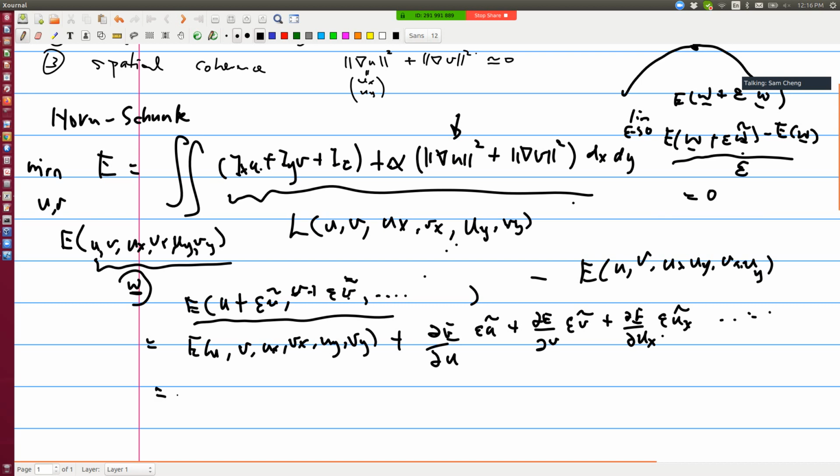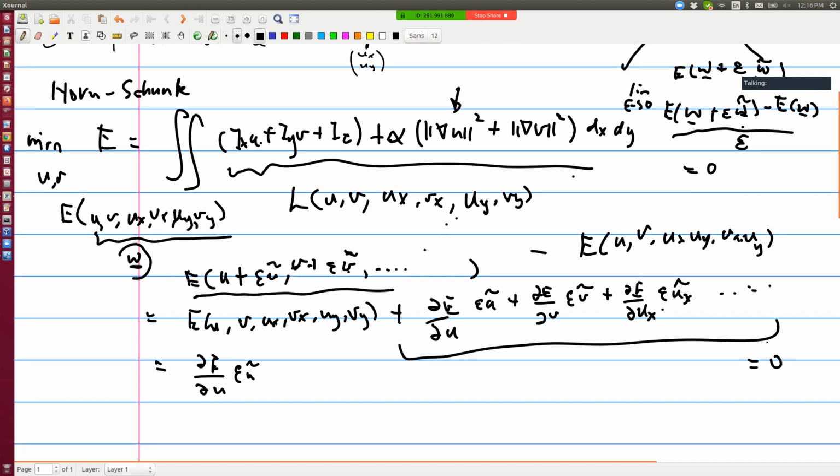So then what I'm left with is just the partial derivative of E with respect to U times epsilon U tilde and so on. I mean this thing is equal to 0. Maybe I write a couple more terms just to make sure you are not lost.